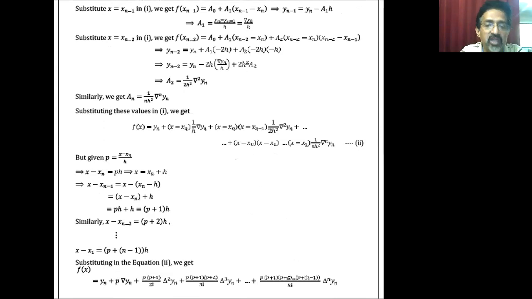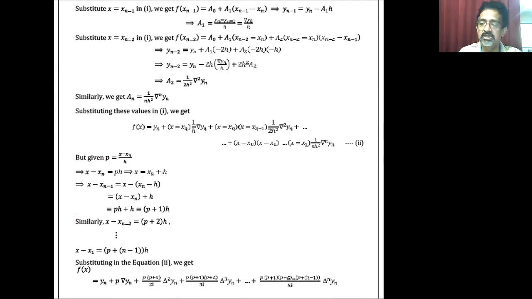F of x is what? Yn plus p times del of yn plus p into p plus 1 by 2 factorial times del squared of yn, and so on, p into p plus 1 into p plus 2, and so on up to p plus n minus 1 by n factorial times nabla raised to n of yn. Here, there is a problem: it should be nabla squared, nabla cube, and so on up to nabla raised to n of yn.